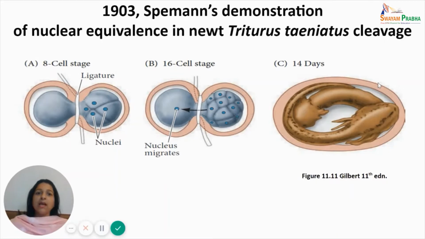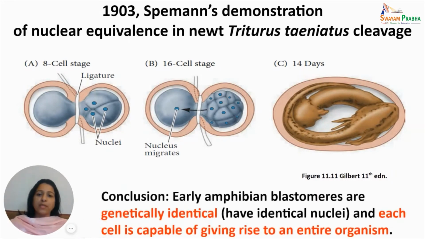As a result, after 14 days, twin larvae developed. However, the first was slightly more advanced than the other. Thus, he concluded that the early amphibian blastomeres are genetically identical, that is, they have identical nuclei, and that each cell is capable of giving rise to an entire organism.